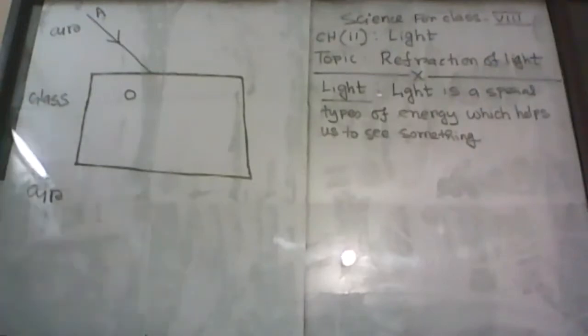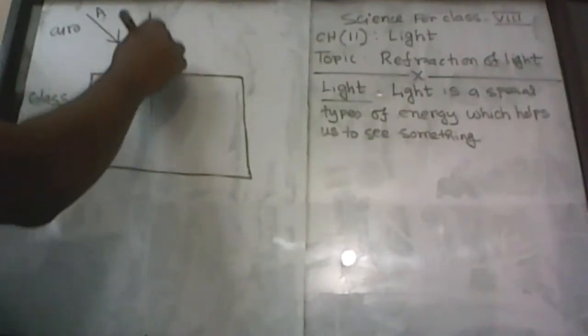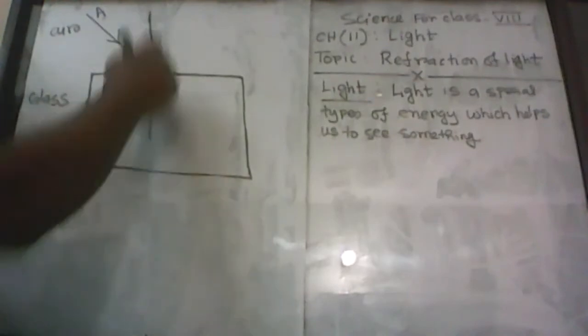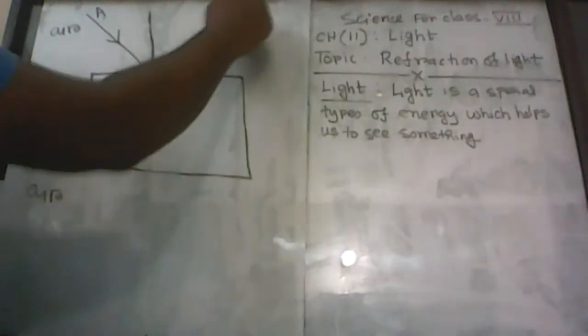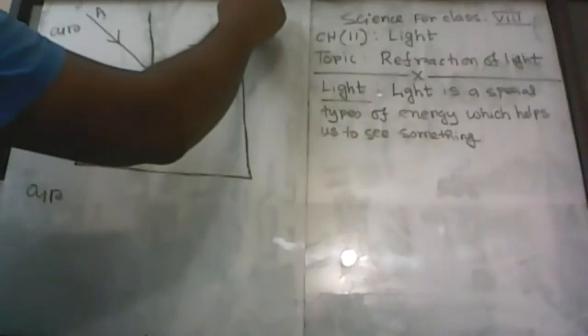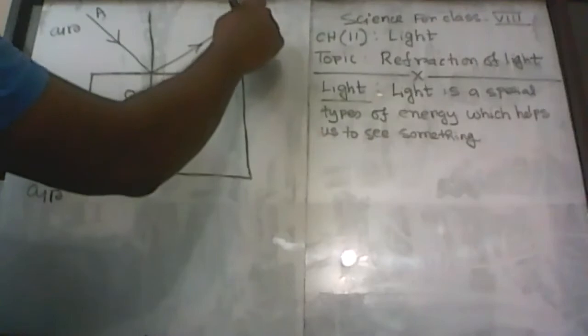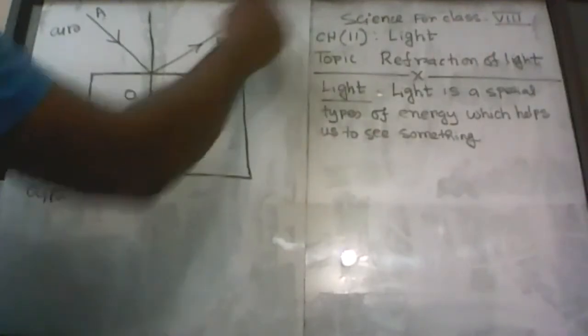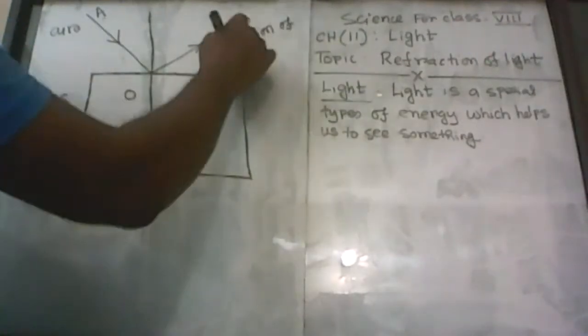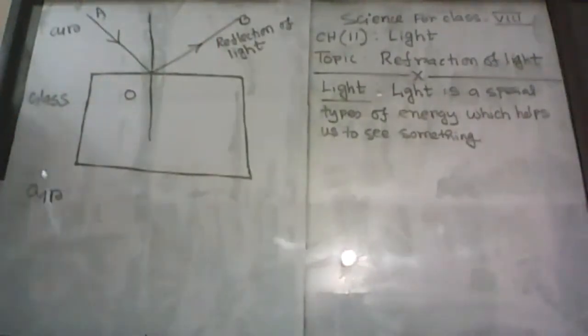So from point O, if I draw a vertical line, suppose this is a vertical or perpendicular line, you see that some part of light returns back to the first medium, suppose along point B direction. This is called reflection of light.